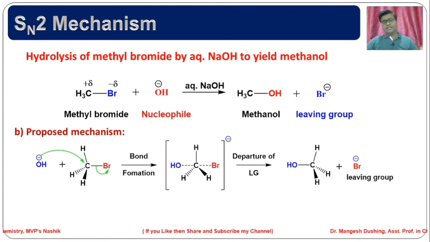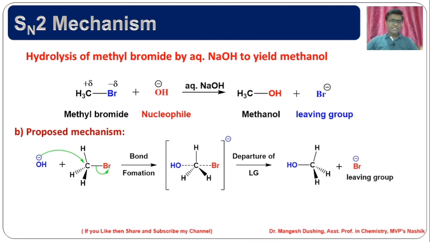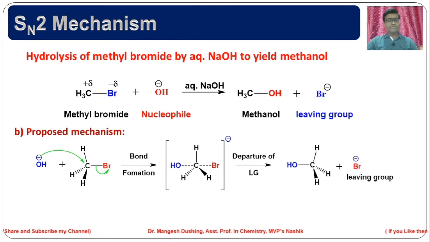As in kinetics, we saw the rate of the reaction depends upon the concentration of substrate as well as the concentration of nucleophile. It means that in the rate determining step, in the slow step, the concentration of nucleophile as well as the concentration of methyl bromide take part.